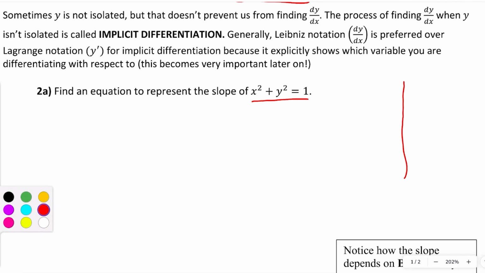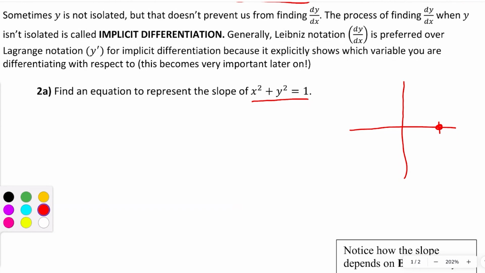Maybe we should plot this out so you can start to see what this is. What would be an example of a combination of x and y that would make that true? 0 and 1. Yeah, 0, 1 should work, right? 0 squared plus 1 squared. Yeah, should work.